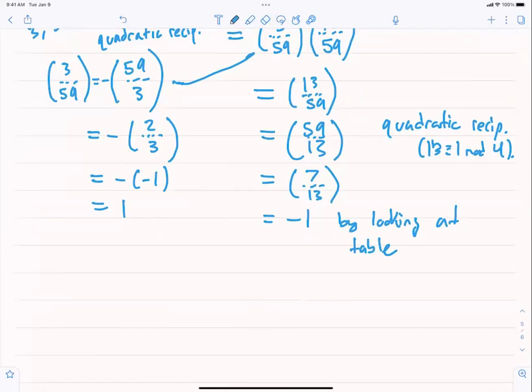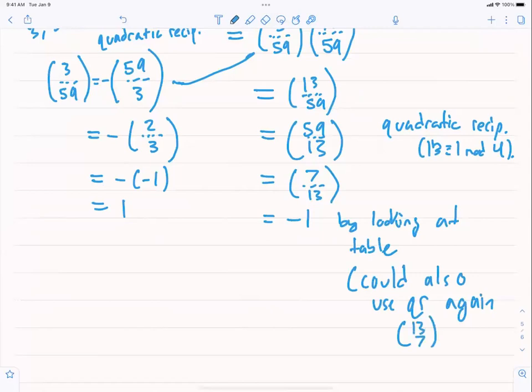Or if I didn't remember that I just computed this and didn't want to compute the squares mod 13, I could also just use quadratic reciprocity again. Then you'd be looking at 13 over 7, which is equal to 6 over 7, which is equal to -1 over 7.